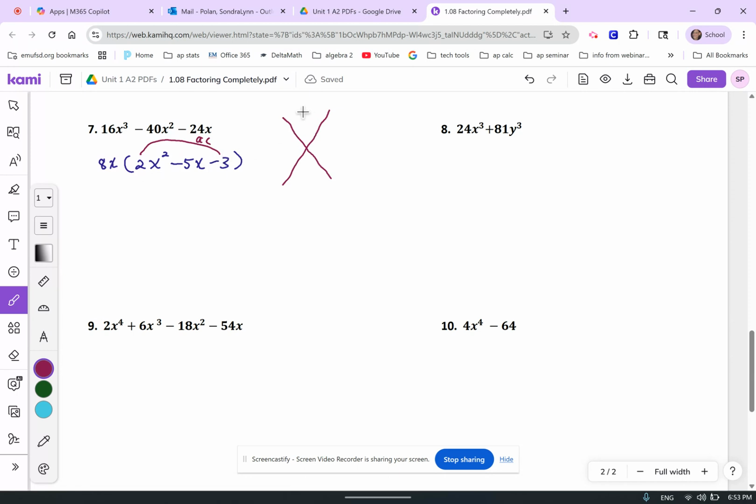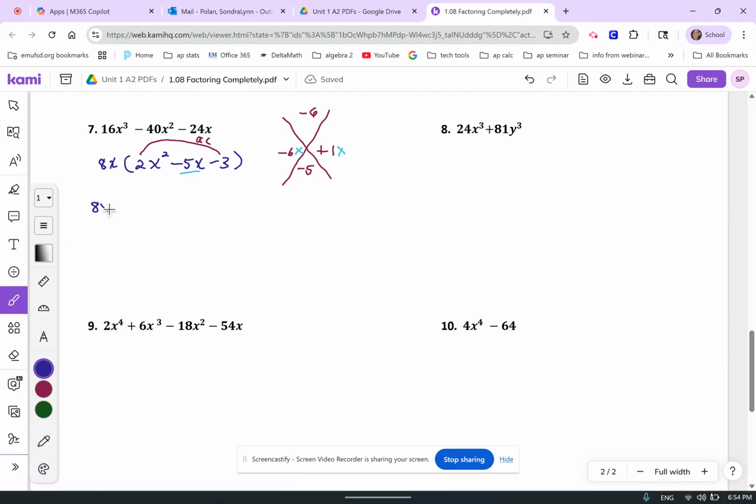So 2 times negative 3 is negative 6, and we want it to add to that middle term of negative 5. Those factors would be negative 6 and positive 1. In essence, we're splitting up that middle term of negative 5x into negative 6x and 1x. So we're literally splitting the middle.